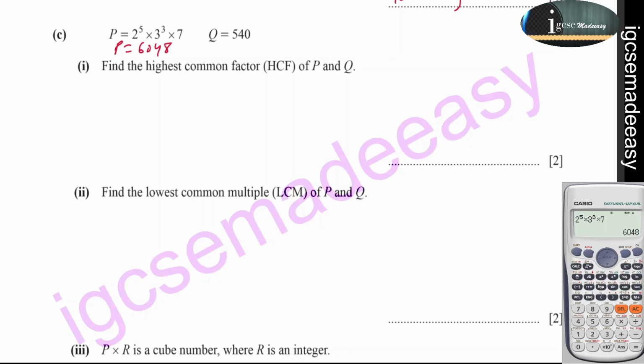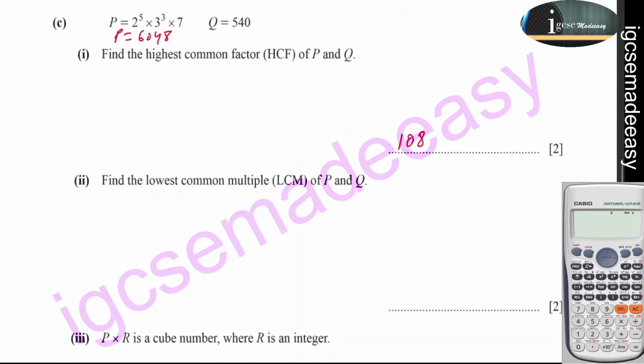We can use one method to find the HCF, using a calculator only. Press alpha and then press GCD, where the multiplication symbol is. Press that GCD, and write both the numbers together, 540, then press comma, shift comma, then write 6048, and then put a bracket. You will get the answer HCF as 108. So HCF is 108.